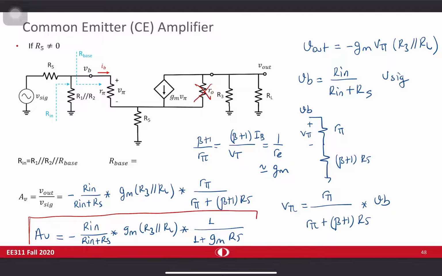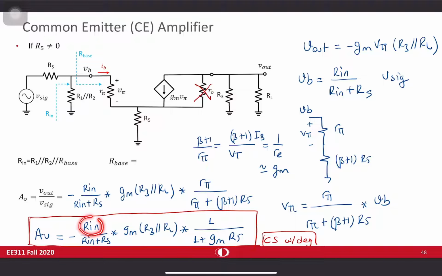And please note that this expression is exactly the same as the common source with degeneration case. We end up with the same expression. The overall gain decreases by 1 plus Gm times the source resistance, or in this case the emitter resistance. The rest is the common emitter gain. Of course, there are some differences between common emitter with degeneration and common source with degeneration.